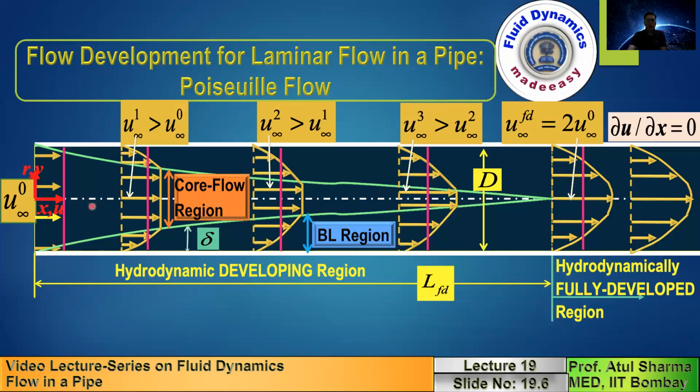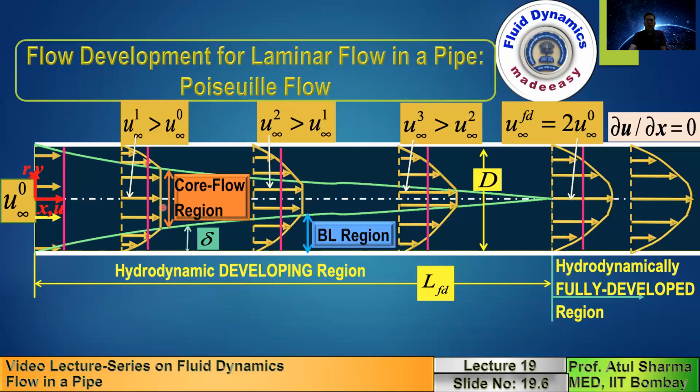So in the core flow region, although the axial velocity is not varying along the radial direction, that velocity is increasing along the axial direction. So in the core flow region, the fluid is accelerating from u infinity naught to 2 times u infinity naught when it becomes fully developed.